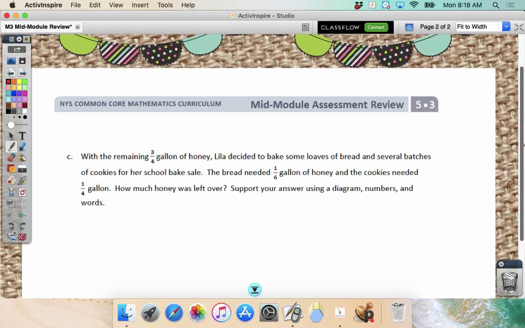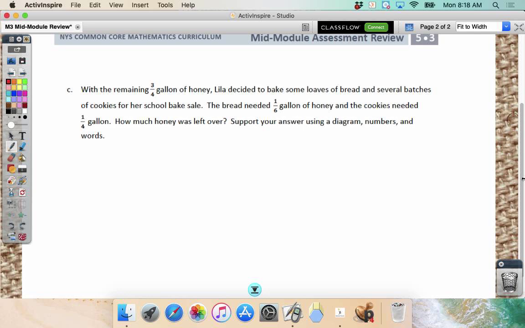With the remaining 3/4 gallon of honey, Lila decided to bake some loaves of bread and several batches of cookies for her bake sale. The bread needed 1/6 gallon of honey and the cookies needed 1/4 gallon. How much honey was left over? Why am I doing this?